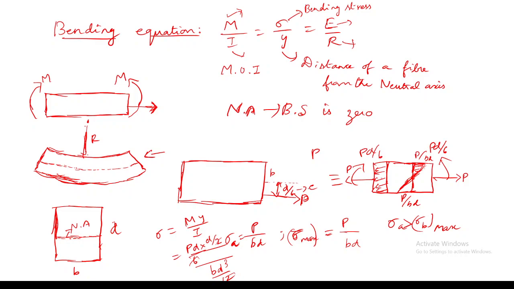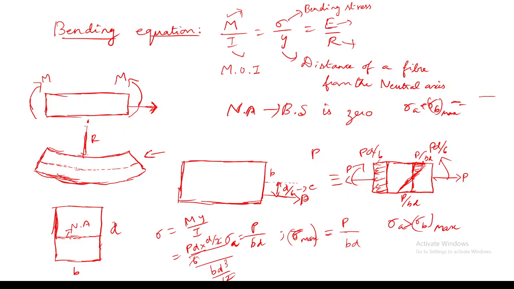Yes, see, when I'm drawing this, at the top it is compressive, whereas here it is tensile. So when I am drawing this, the net effect would be tensile. I am actually combining sigma A plus sigma B max.